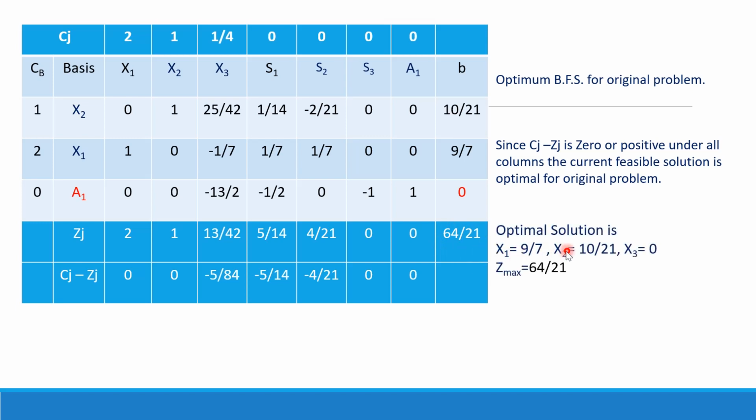Now it can be computed by this one also. x1 is equal to 9 by 7, x2 is equal to 10 by 21, a1 is equal to 0, x3 is equal to 0. So if you compute the value of Z max, it is 64 by 21.